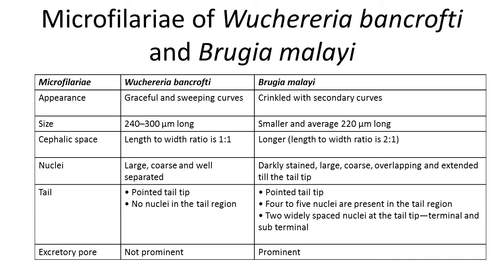The next one is the excretory pore, which is prominent, that means we can see a larger excretory pore in Brugia malayi. Another thing, in both Wuchereria and Brugia we can see the sheath, but in Brugia malayi the sheath is pinkish in color, while in Wuchereria bancrofti the color is whitish or colorless, or a very light pale purple color.